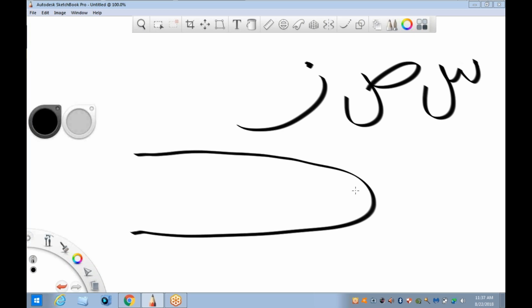Where is that? That's here. The ta and the noon and the dal and the ta are from this region here. This is the tip of the tongue. But when we're talking about the sin, the sod and the zay, we're talking about the front tip of the tongue.